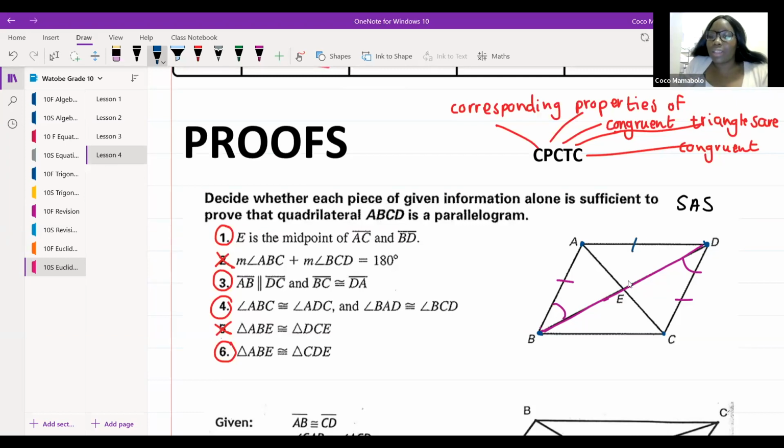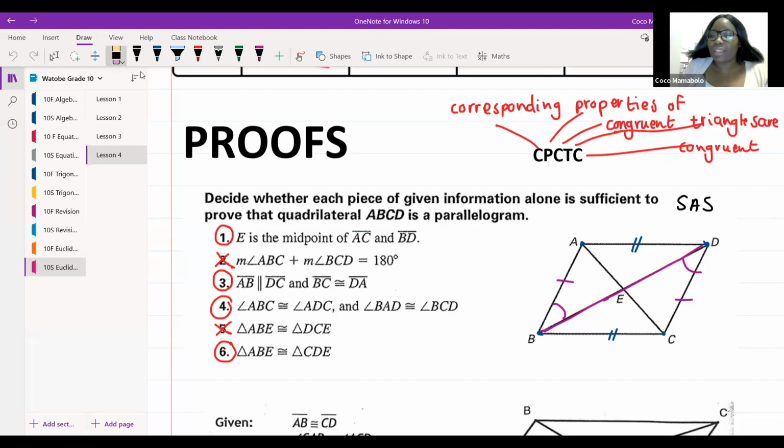We now know that this side is going to be equal to this side. That is not enough yet, it's just almost enough. Then that is going to help us to prove that those two sides are equal.